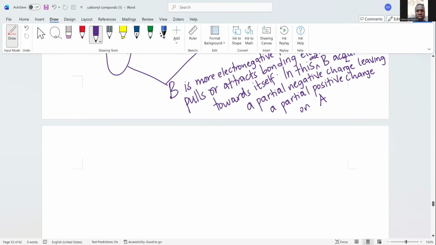Let me summarize this. A polar bond means one atom is more electronegative.